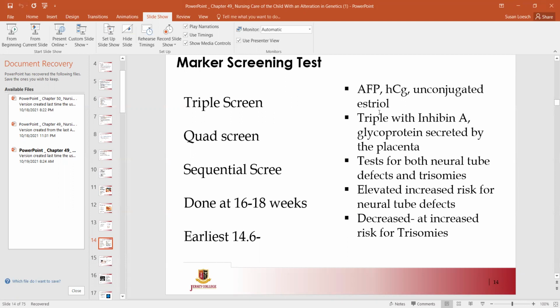So that's going to be in like Down syndrome, trisomy 21, trisomy 18, and trisomy 13. An elevated level of these markers increases risk for the neural tube defect, and a decrease puts them at risk for the trisomies like Down syndrome, trisomy 18, and trisomy 13.